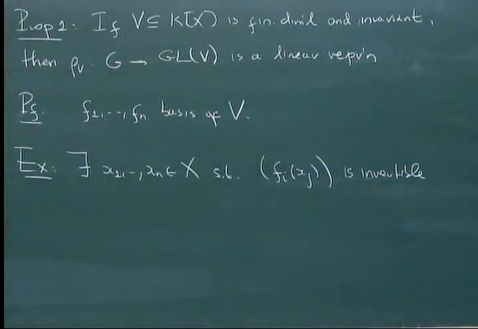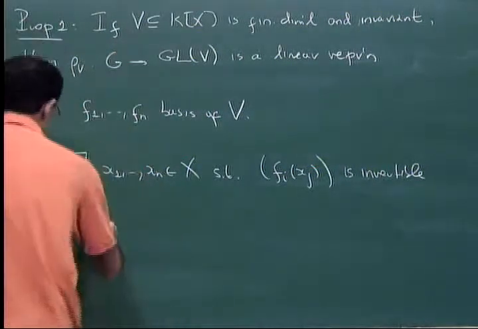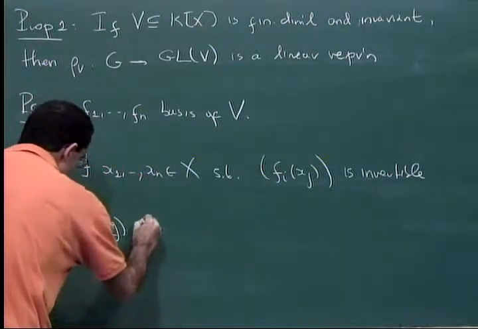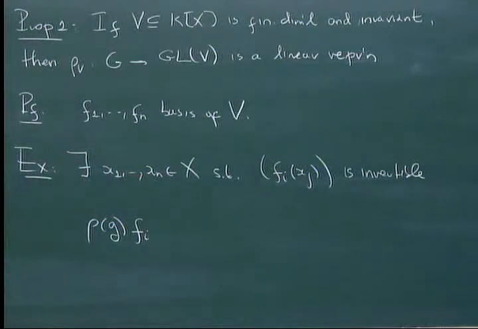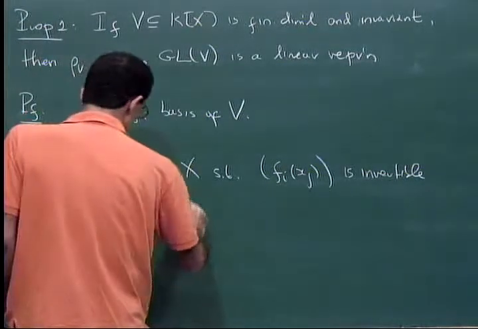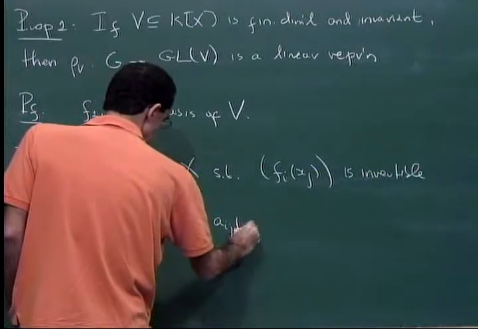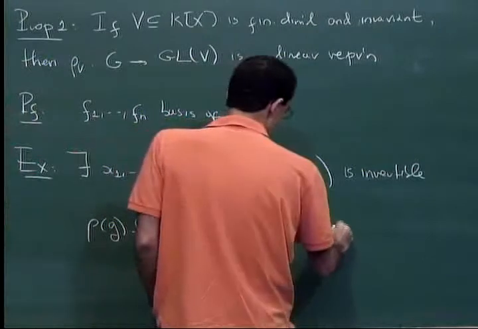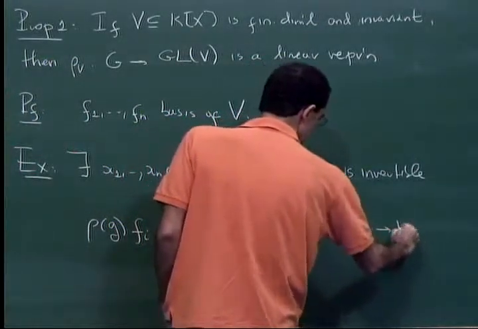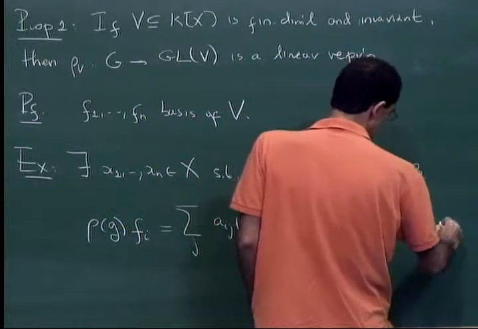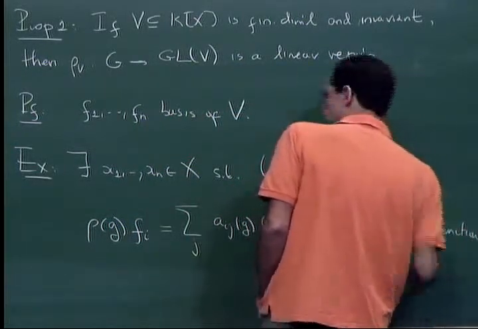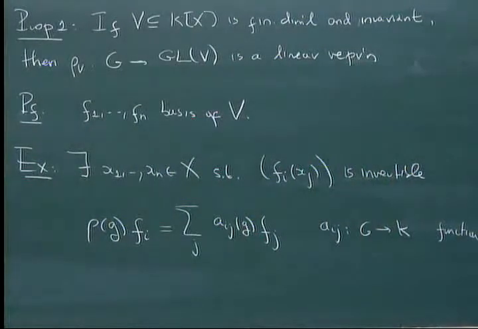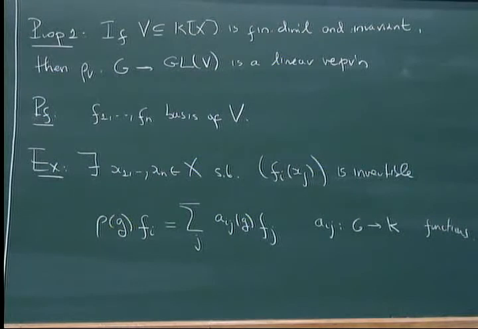It's just because these f_i are linearly independent. Then, since V is invariant, when you apply rho g to an element of the basis, you get a linear combination with scalars that depend on g. So these a_ij are functions from G to k. By the way, I'm just going to assume everything is reduced, so that I'm not worrying about nilpotents here.